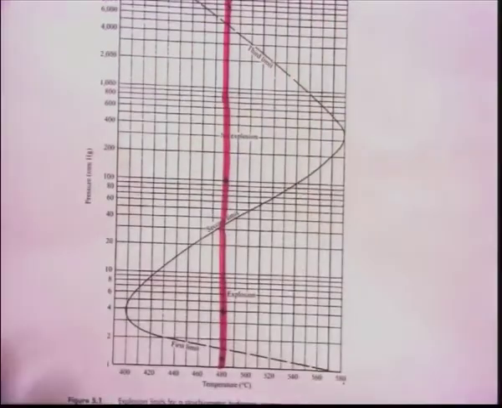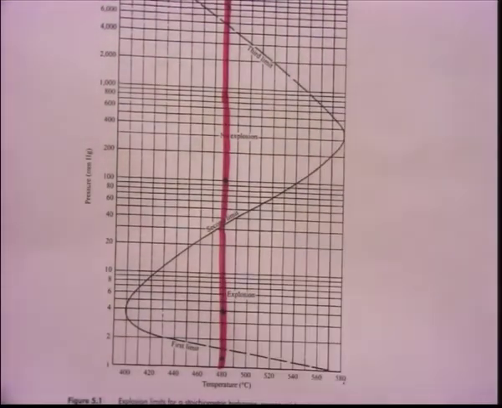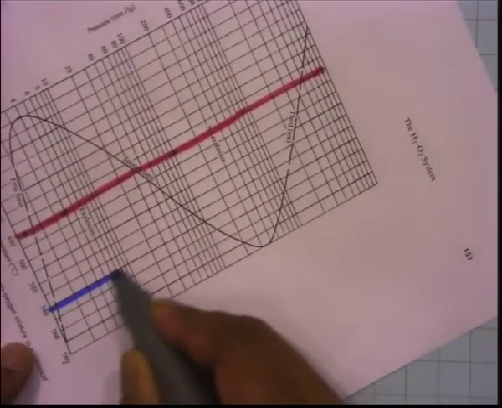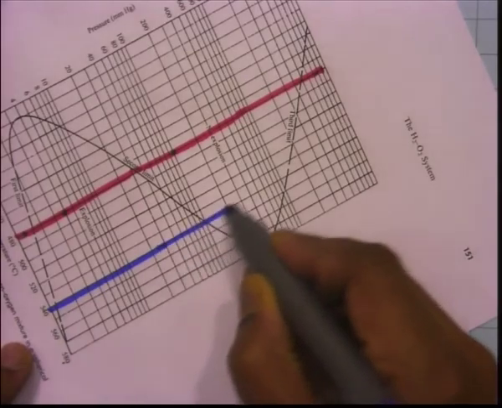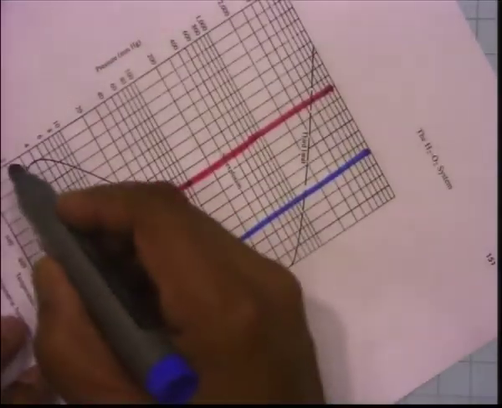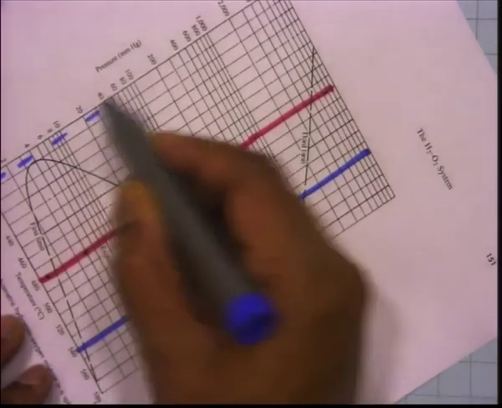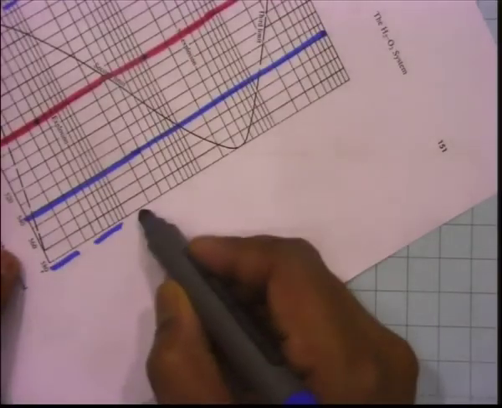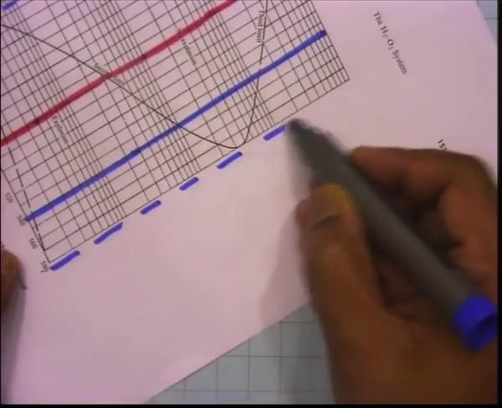Suppose the isotherm was here, maybe I should draw another isotherm, a blue one, and you can imagine some isotherm here, or a little bit on the right hand side also.